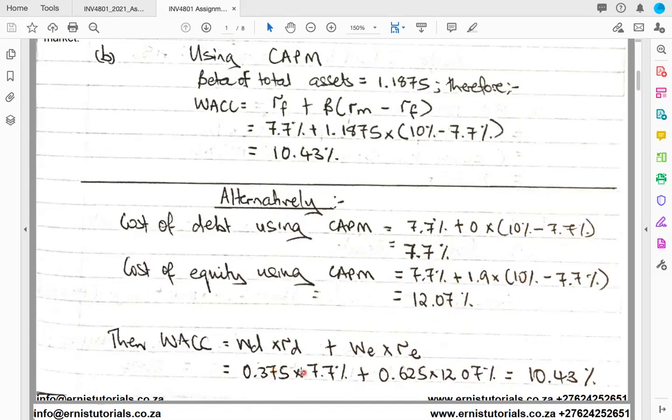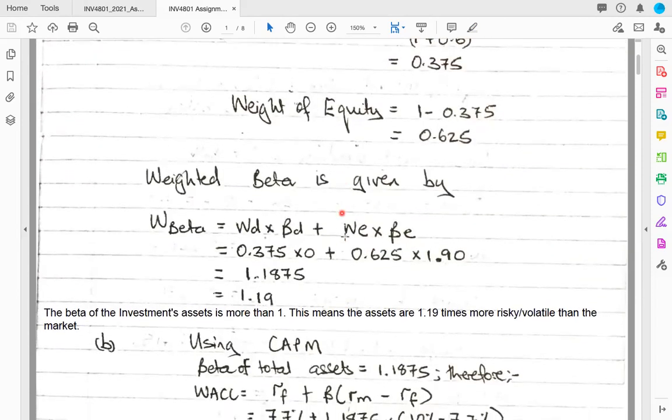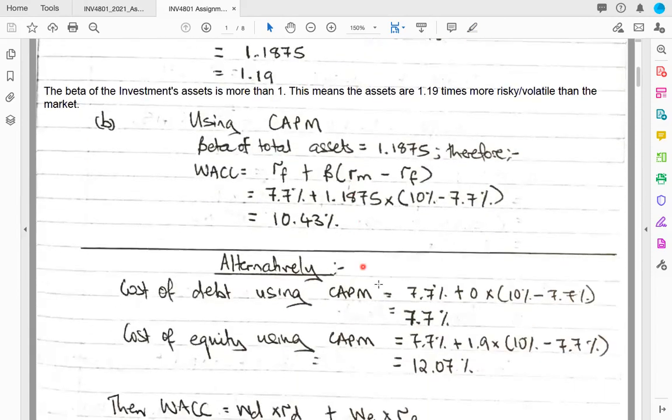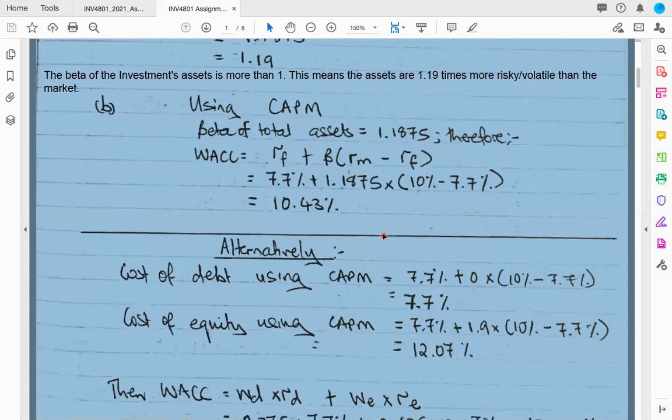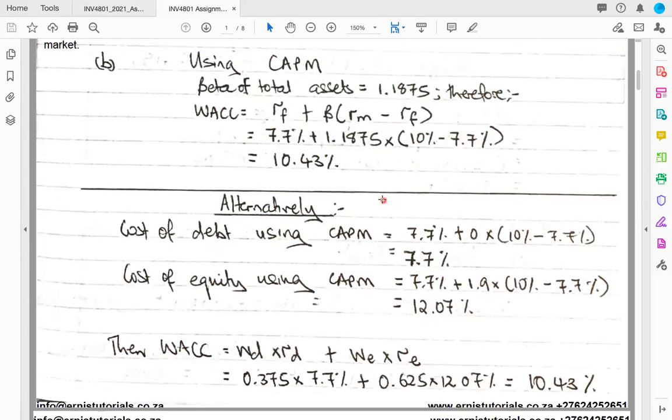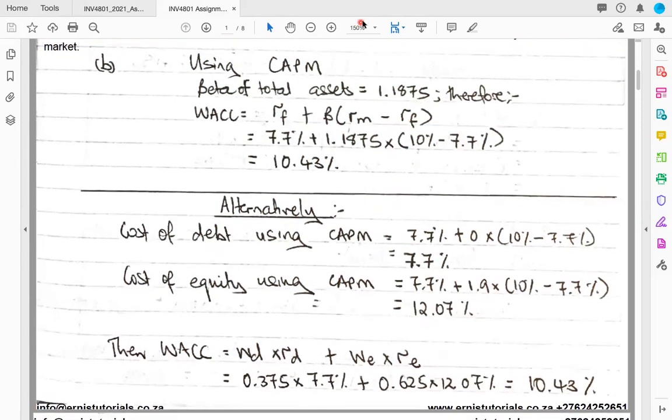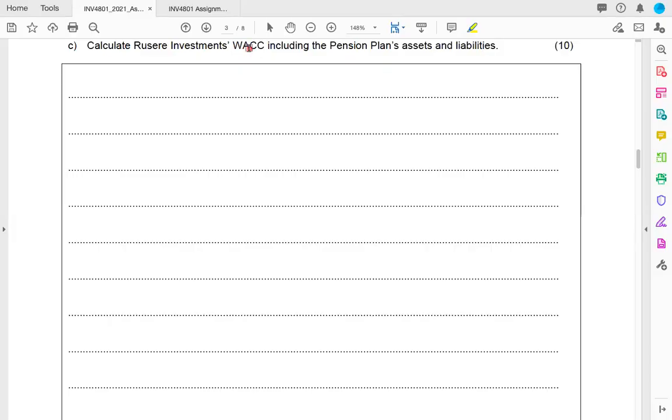And then we could have just calculated the WACC by saying the weight of debt times cost of debt plus the weight of equity times cost of equity. So we would get the same answers. I would prefer the first approach that I used, but the alternative approach would also get you the same answer. It was just for illustration to show you how else you can calculate the weighted average cost of capital in this question. Okay, now let's look at Part C.